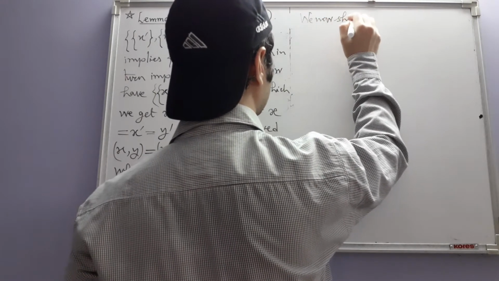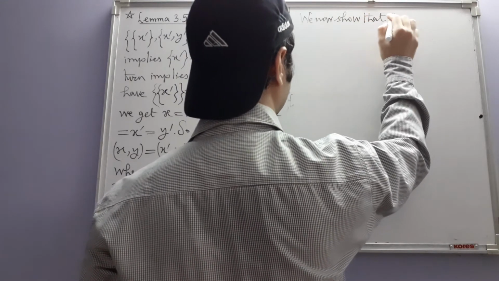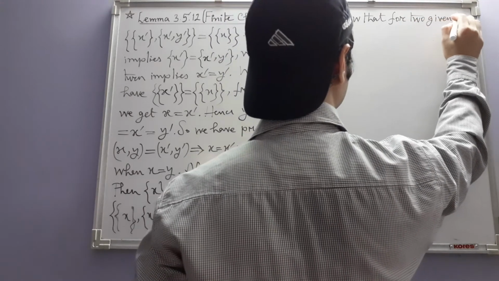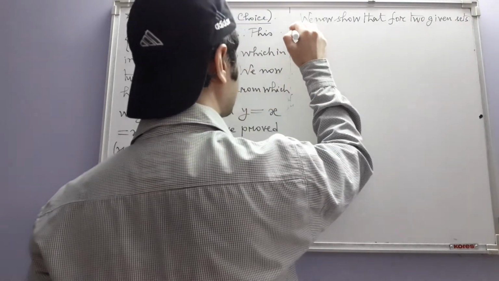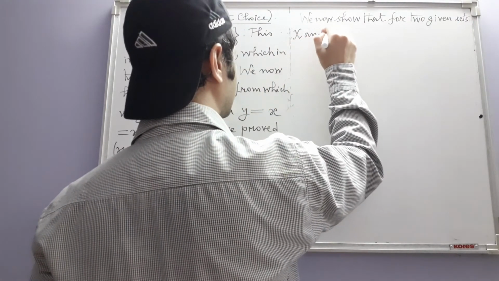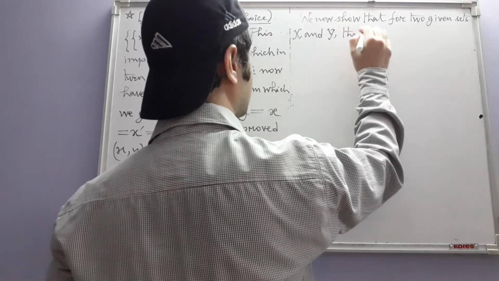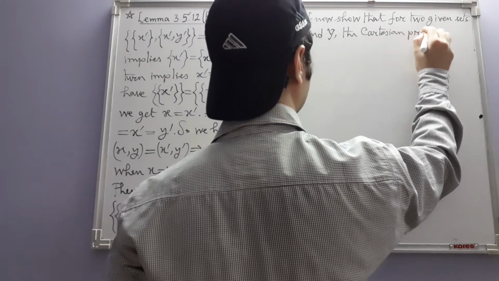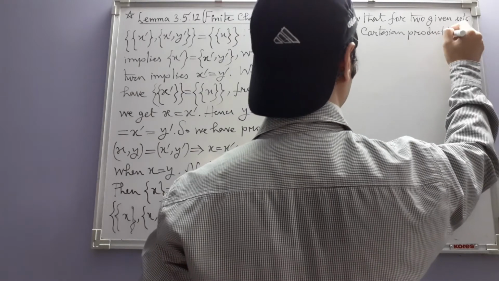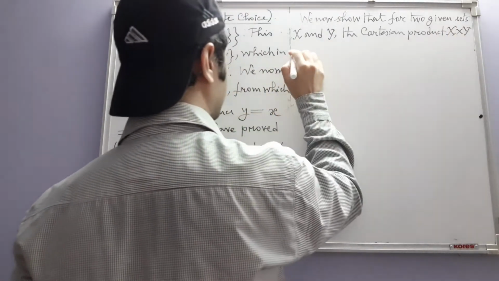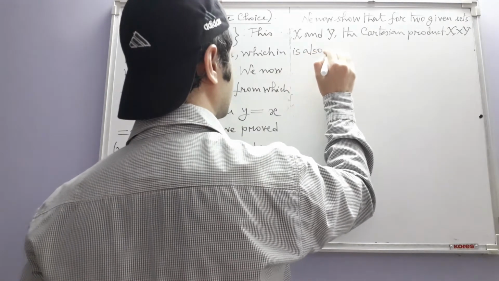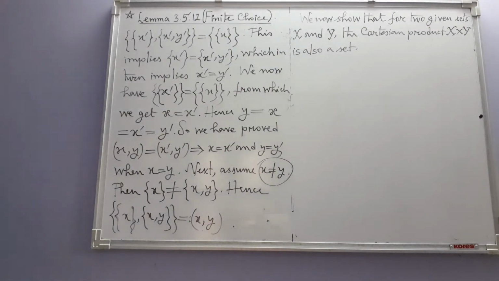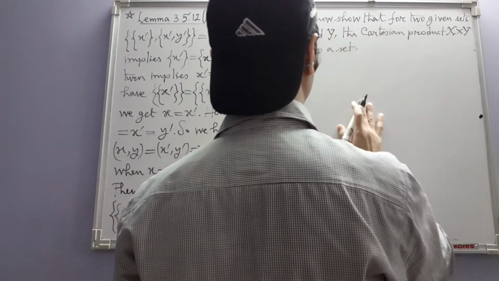We now show that for two given sets, x and y, the Cartesian product is also a set, but only using the axioms of set theory that we have so far got.